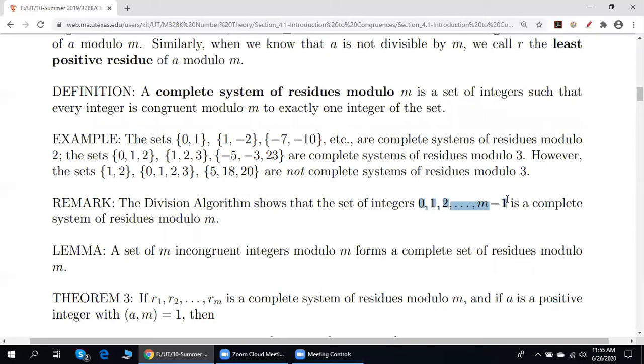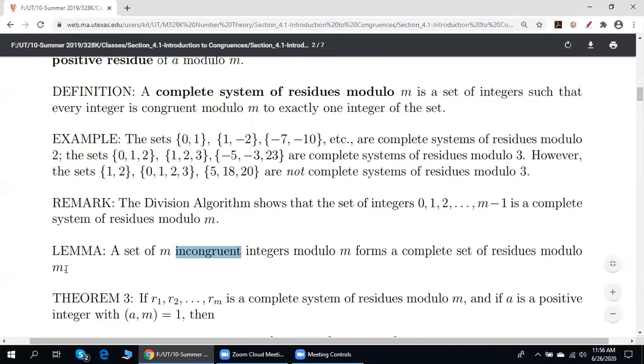This is the most natural complete system of residues modulo m because these numbers coincide with remainders. Also, please take a look at this lemma. A set of m incongruent integers modulo m forms a complete set of residues modulo m.